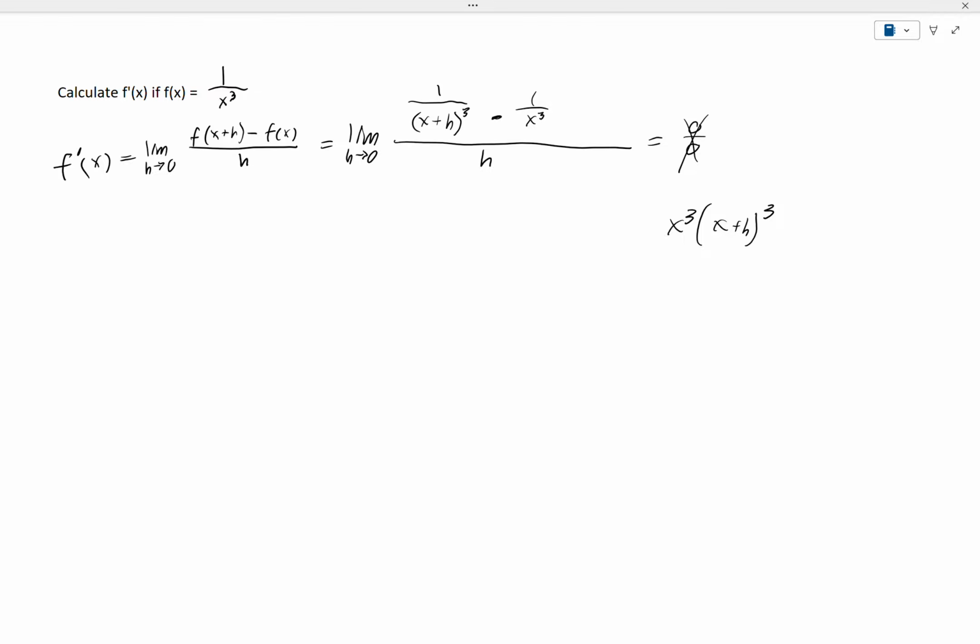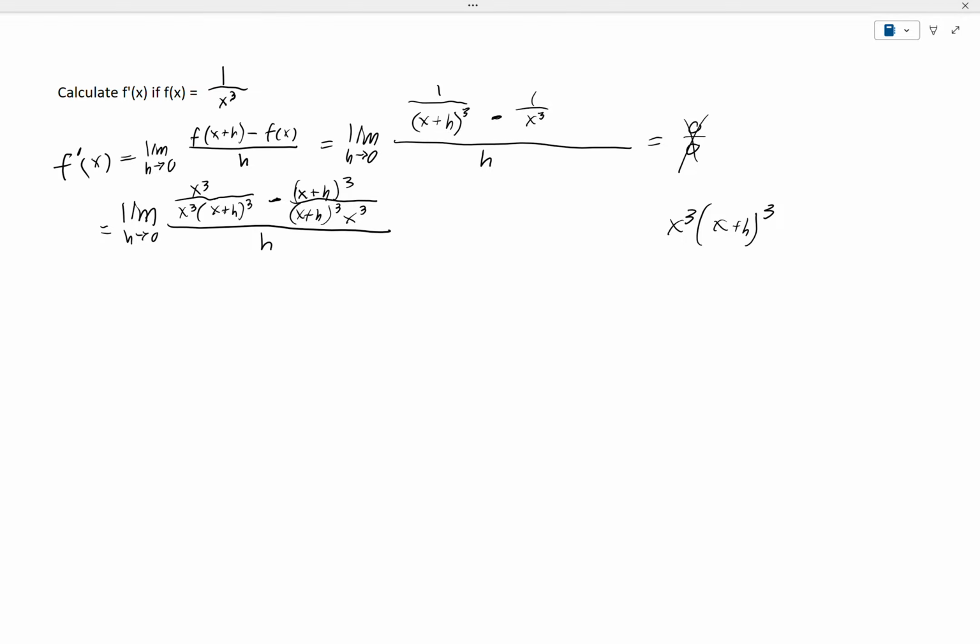So let's get each of those in terms of that common denominator. This will become the limit as h goes to 0 of, I'm going to multiply by x to the third on the top and bottom of this one. And for the second one, I'm going to multiply by x plus h to the third in the numerator and denominator. And that's all over h.